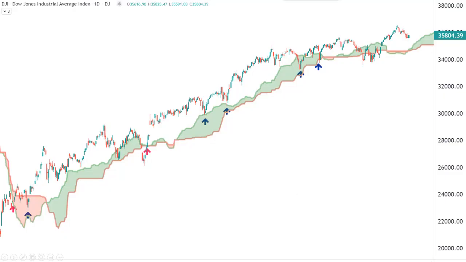So here we have just the cloud showing right now, and it demonstrates where prices can easily slash through when it's thin, or when the cloud gets thicker, it tends to bounce. Not always, but again, you see right there, we were able to break through a thin cloud, bounced off the thicker cloud, bounced off the thicker cloud, broke through the much thinner cloud, both directions.